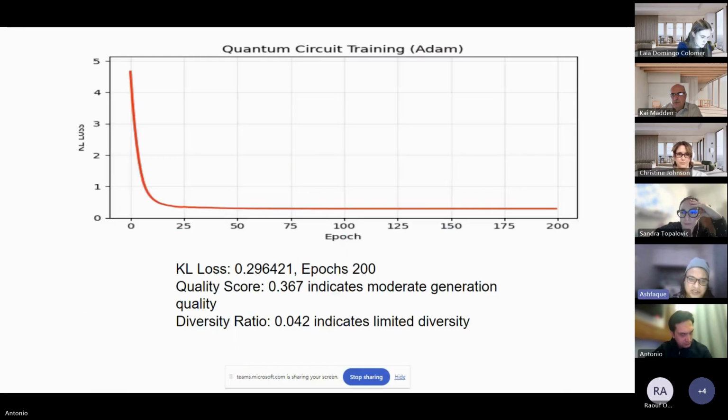For the loss function, I chose the KL divergence method, which was, I think, invented way back in 1951. It's really popular, along with MMD, for minimizing losses on QCBM. As you can see, the loss got minimized to a certain extent after around 200 epochs, and this is the best loss that I could get as part of the training, which, as per certain benchmarks I've come across, is fairly optimal, which means that it is able to train.